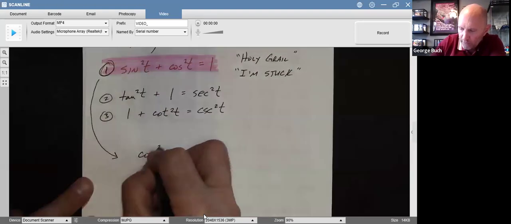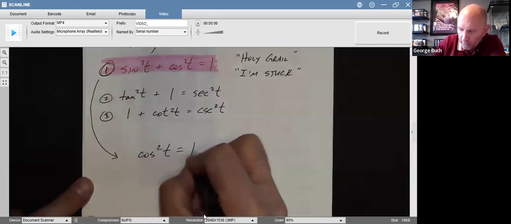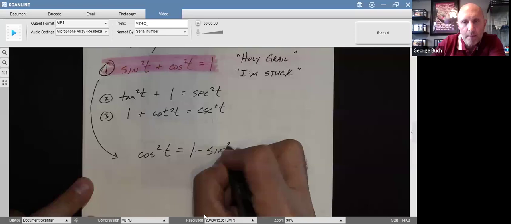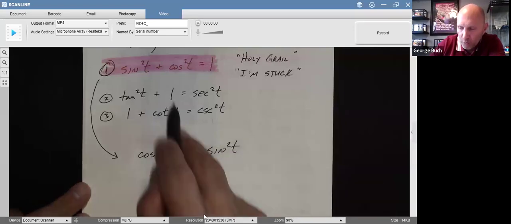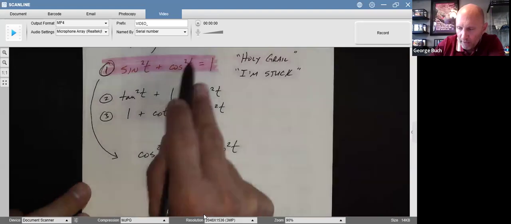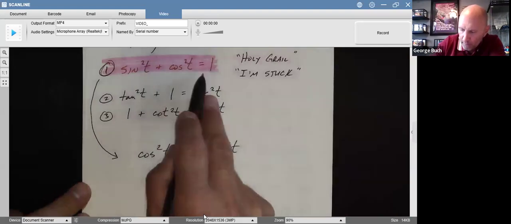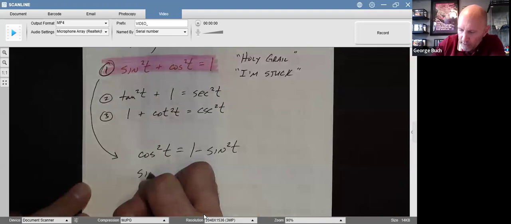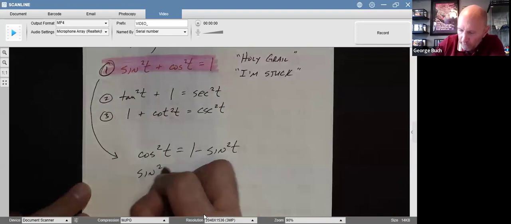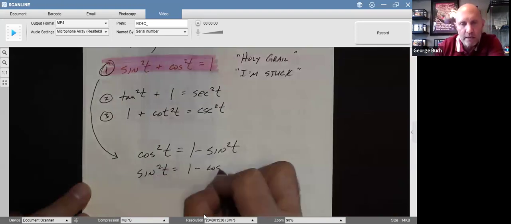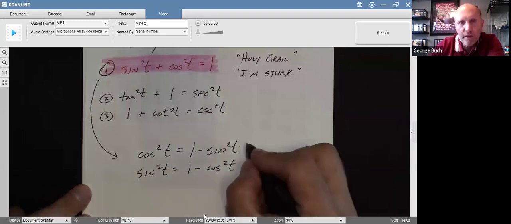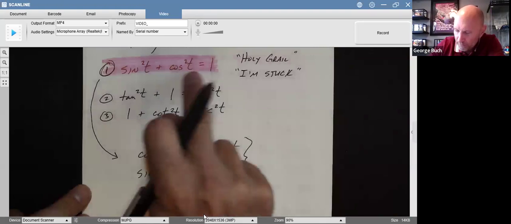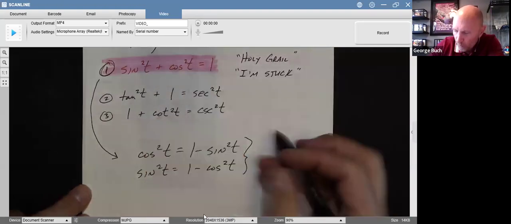Cosine squared t is equal to 1 minus sine squared t. Or if I subtract cosine from both sides, it's gone on the left, it's over on the right. I get sine squared of t is 1 minus cosine squared t. So this one up here, call the Holy Grail. Let's call this Holy Grail 2.0.